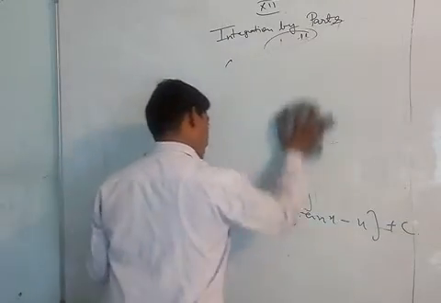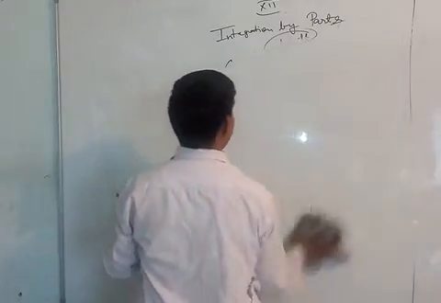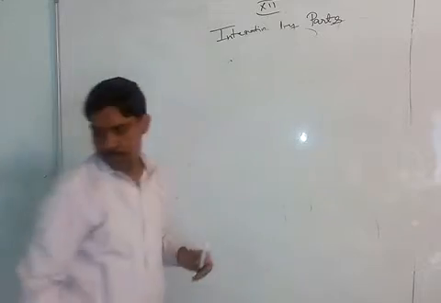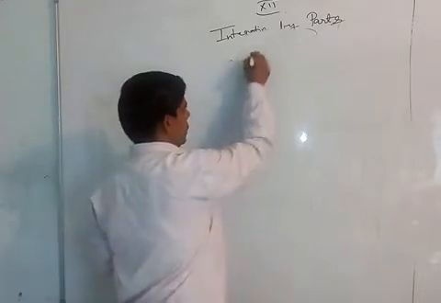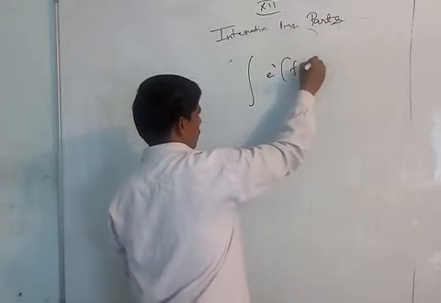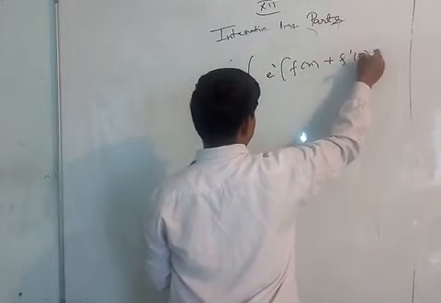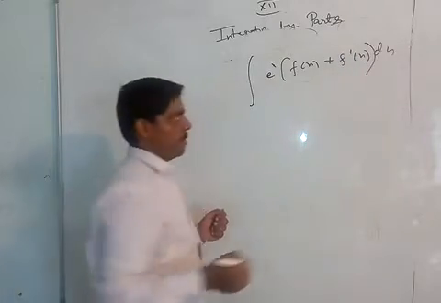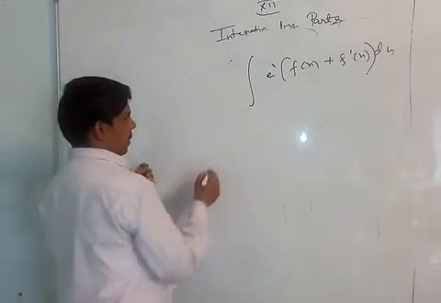Okay, now coming to the important property. What is that important property? The important property is e to the power x. Suppose we have something like this: integrate e to the power x times f(x) plus f dash(x) dx. Now this can be integrated in a proper manner. Let's see.